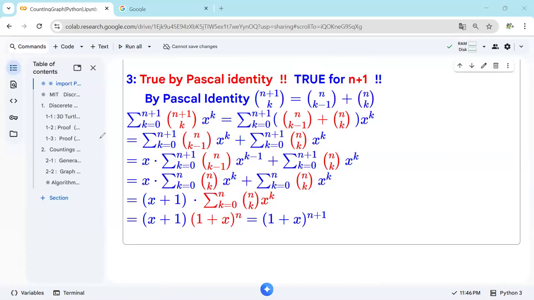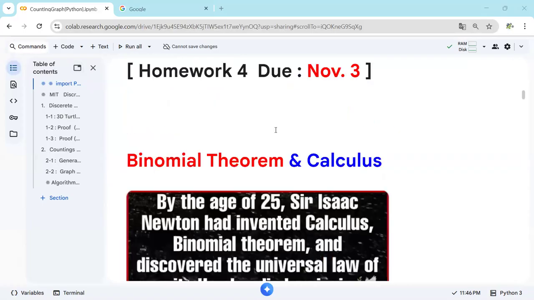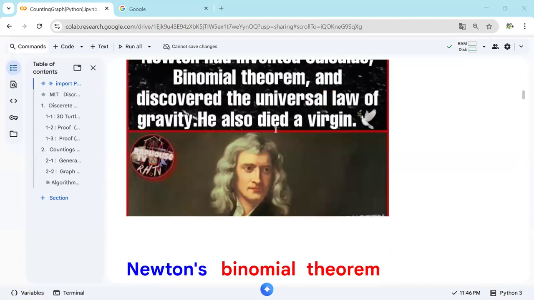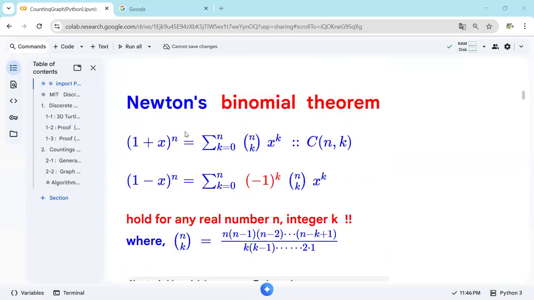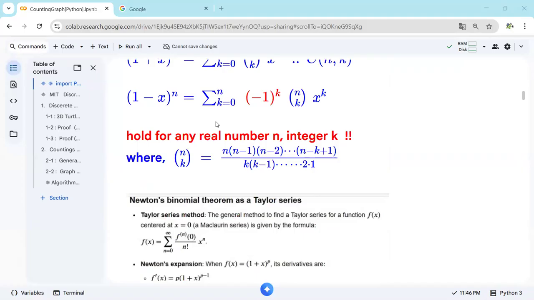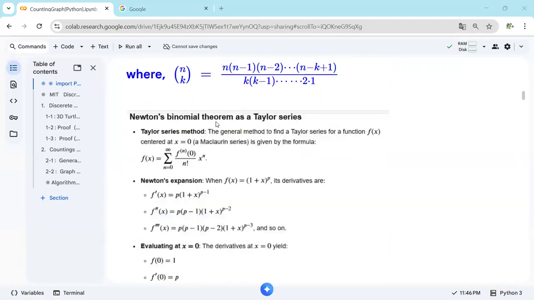Because, as I already mentioned, this classical binomial theorem can be generalized into Newton's generalized version. And this generalized version is in fact equal to the Taylor series.